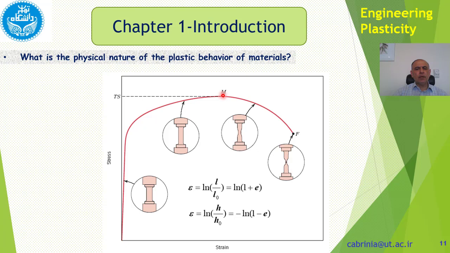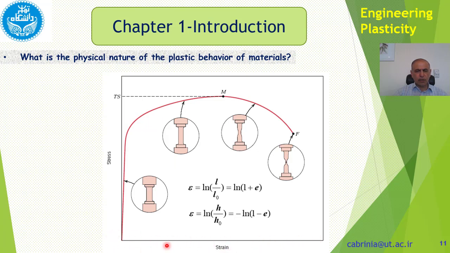For instance, if we get it up to here, if we drop a line in here, then this area is the energy absorbed by the material up to this point. The energy absorbed up to the fracture point is the energy needed for the fracture. We call this energy under the curve the toughness of the material.